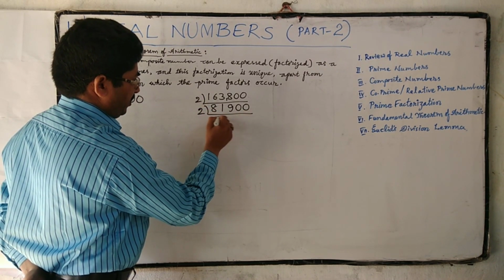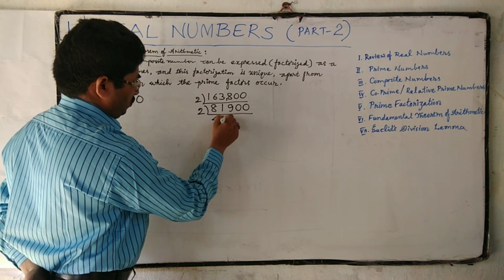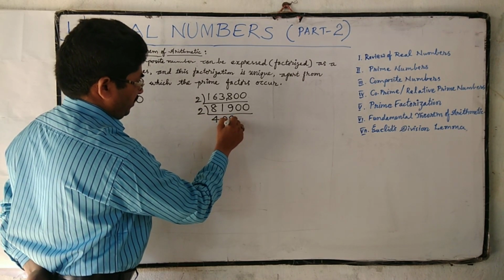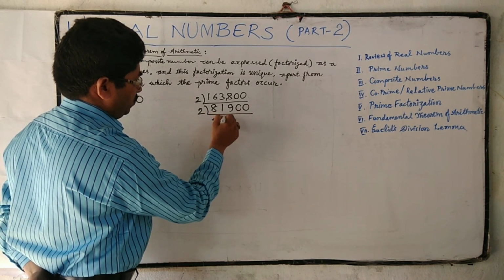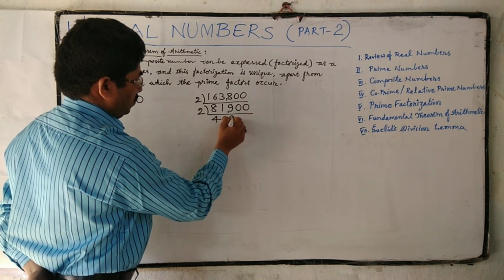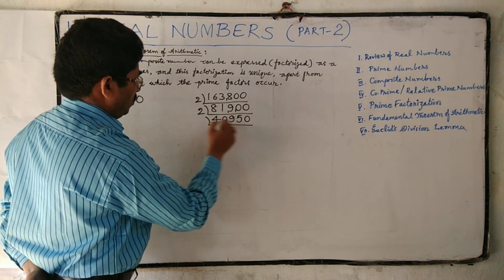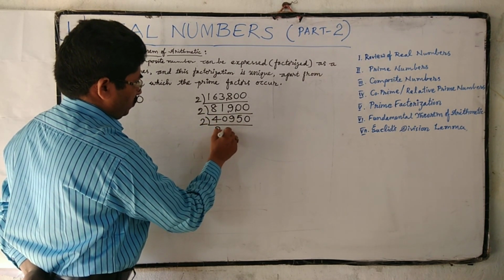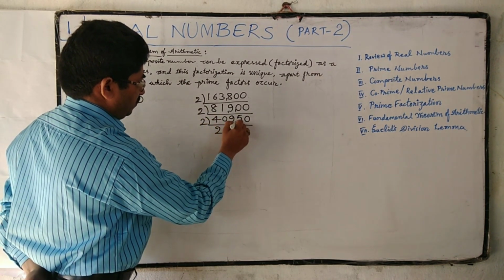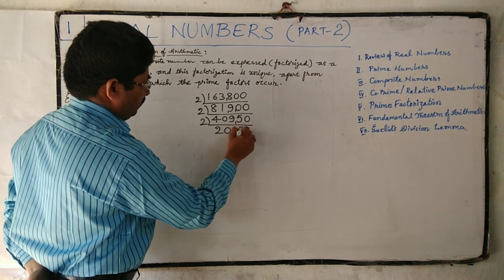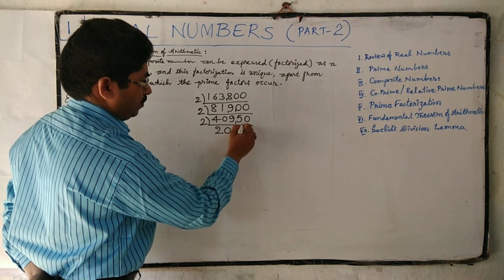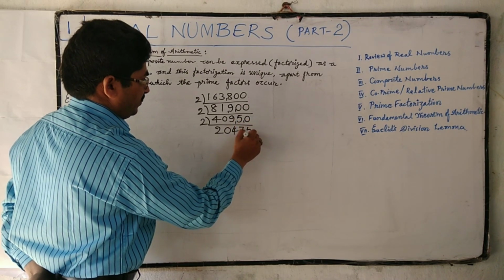Again divisible by 2. 2 4s are 8, 2 0s are 0, 2 9s are 18, 2 4s are 8, 2 0s are 0, 2 9s are 18, 2 5s are 10, 0. 2 2s are 4, 2 0, 2 4s are 8, 2 7s are 14, 2 5s are 10.